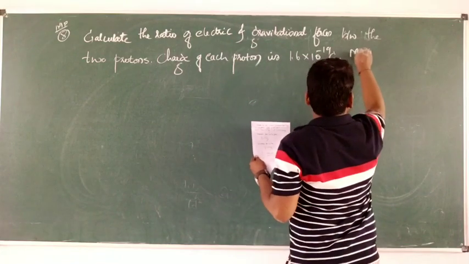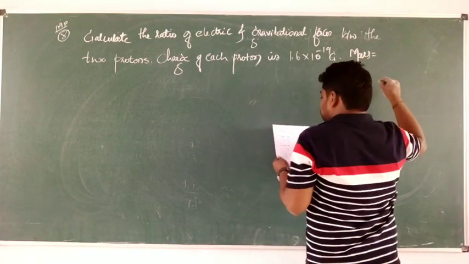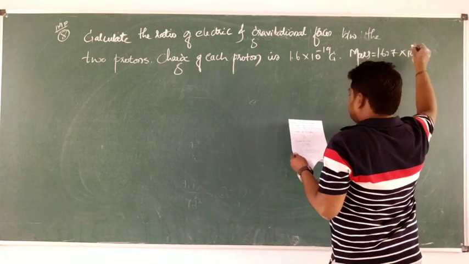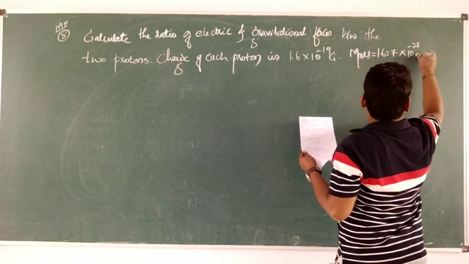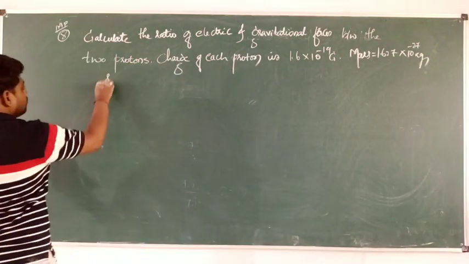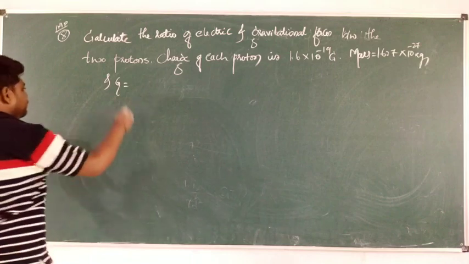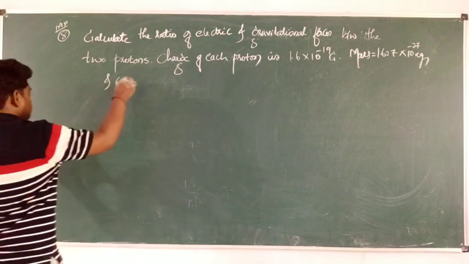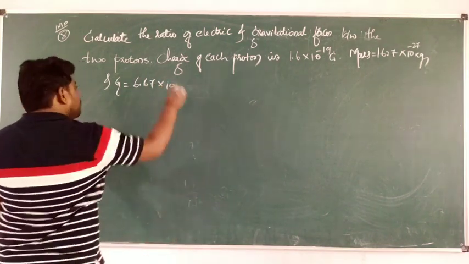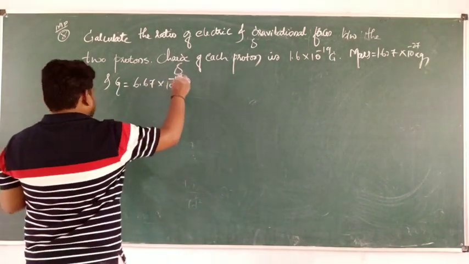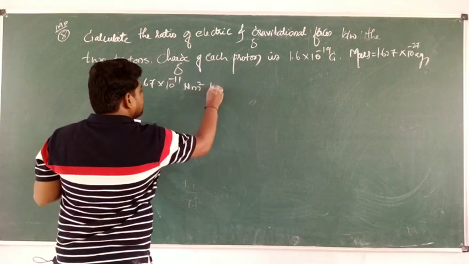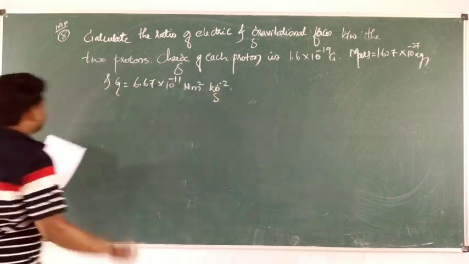Mass equals 1.627 into 10 to the power of minus 27 kg, and the gravitational constant is 6.67 into 10 to the power of minus 11 Newton meter square per kg square. Fine.